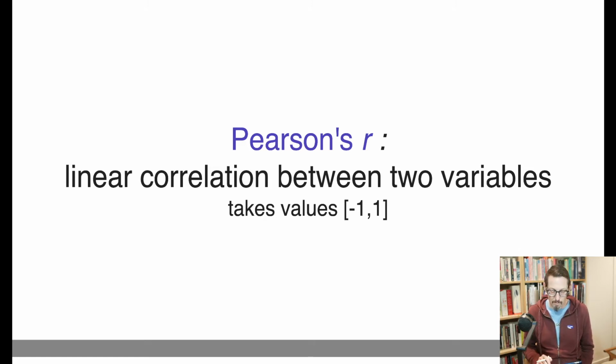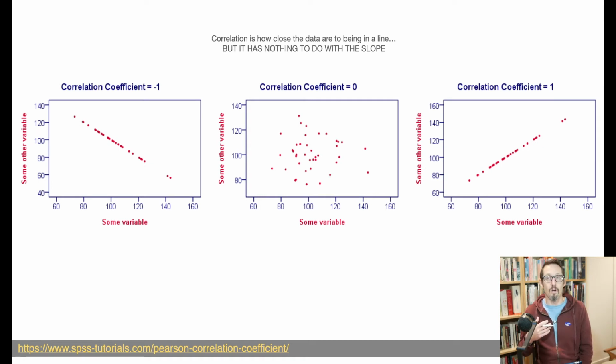But 1 is always the highest value that Pearson's R can take. A 1 means that two things are perfectly correlated, that is, that they fall straight under a line. Drawing a line over the data completely hides the data points. That is a perfect correlation of 1.